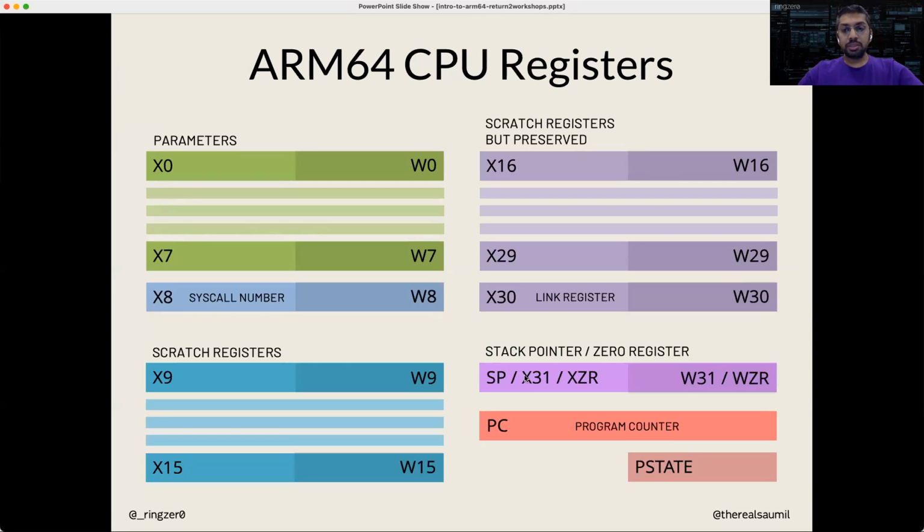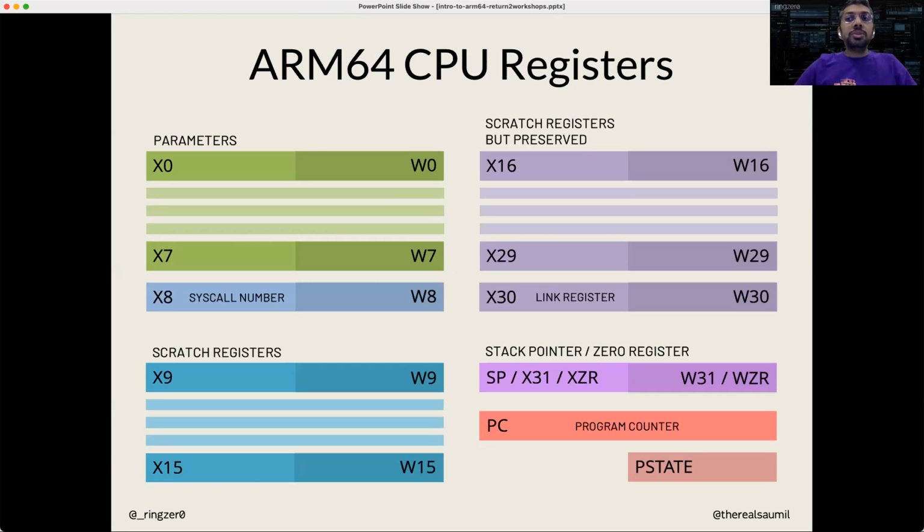All right, coming to the two important registers, X31. Now, this register is a dual purpose register. Initially, it's a little difficult to understand. But X31's main purpose is that it is the stack pointer. The stack pointer will point to the top of the stack. But the stack pointer is applicable only when used in instructions that manipulate the stack. That is, it will only work as a stack pointer in load store instructions.